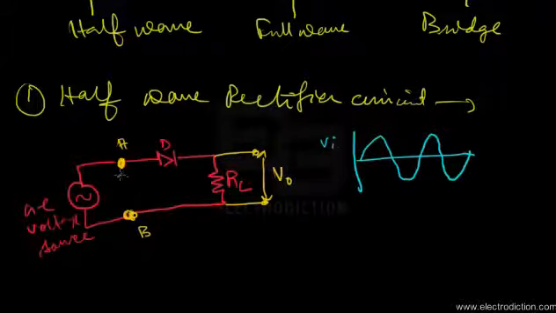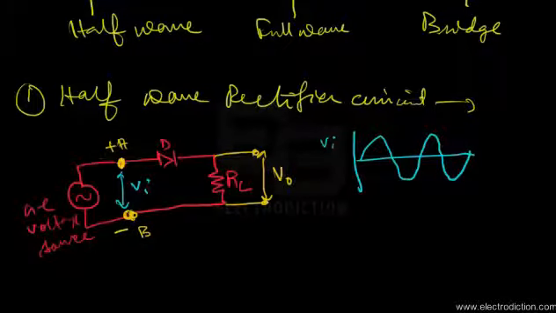So we first go for the first half cycle. For the first half cycle, the input voltage waveform is on the positive side of the voltage levels. So terminal A will have a positive voltage polarity, while terminal B will be negative.